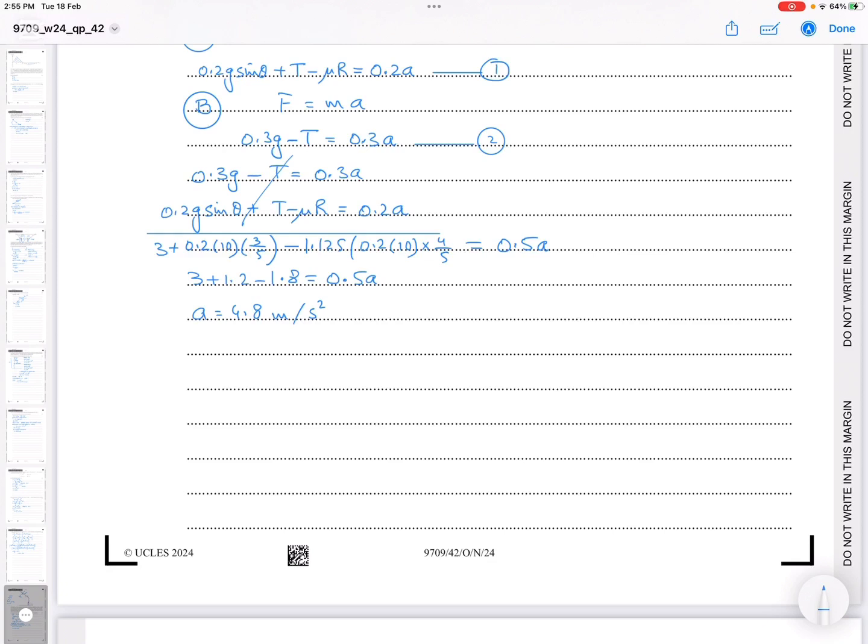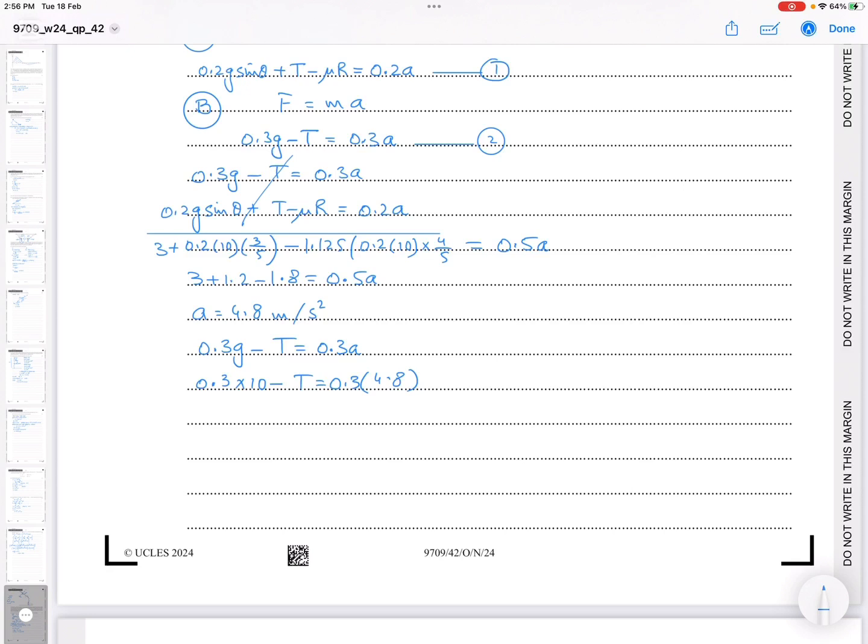We can use 1 or 2 to find T, so I'm using equation 1. So 0.3 g minus T equals 0.3a. So 0.3 times 10 minus T equals 0.3 times 4.8.